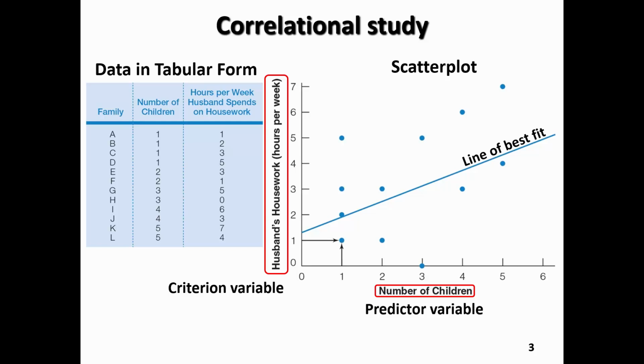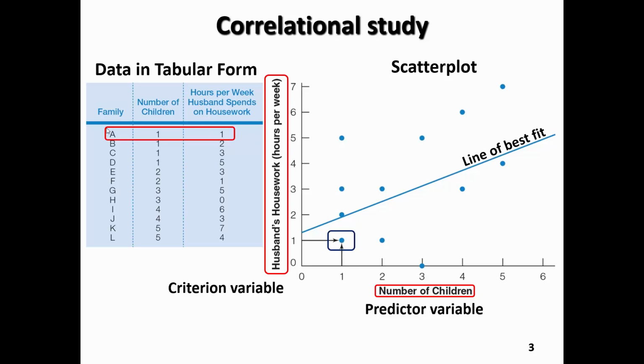The line of best fit or regression line, those terms used interchangeably, is a line that best describes the pattern in the data. The line here illustrates an upward trend: as the number of children in these families increases, the number of hours per week spent on housework also increases, but not in a perfect manner.